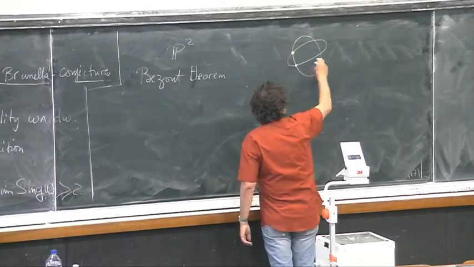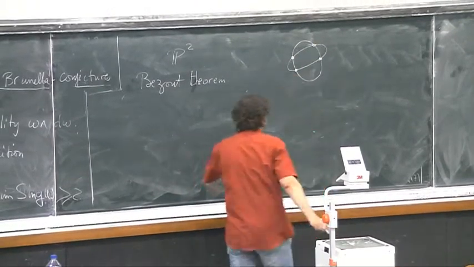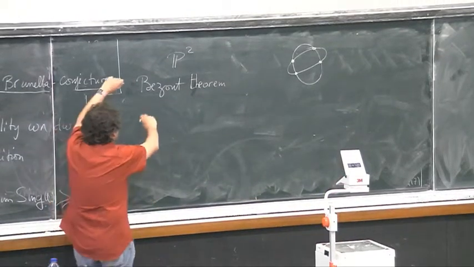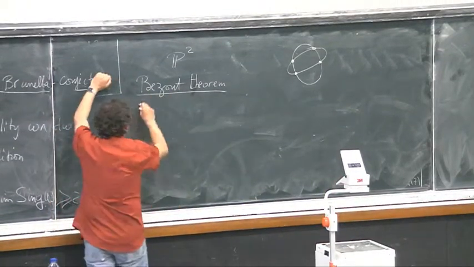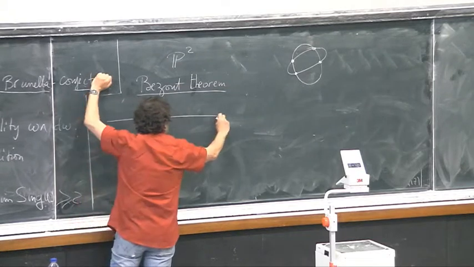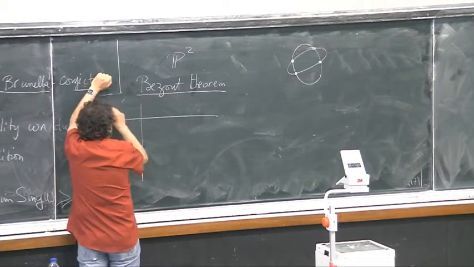Here two conics give 4 points. And you have something for foliation. I put here the degree of the foliation.